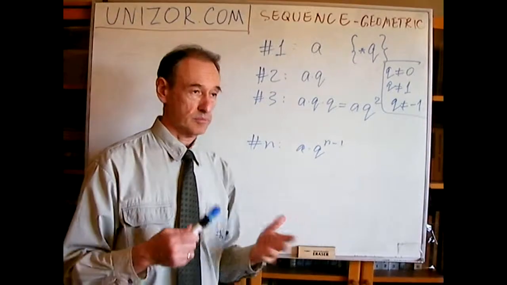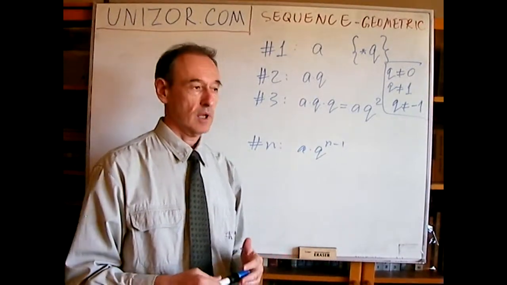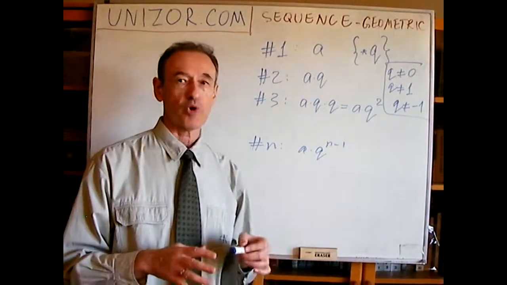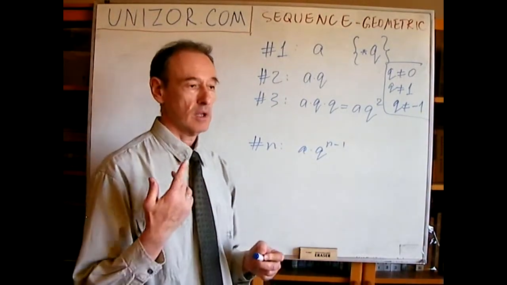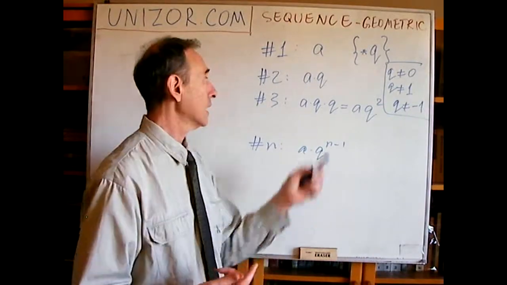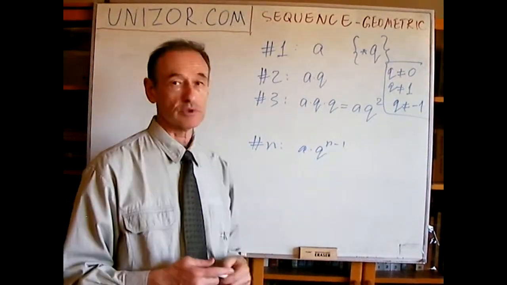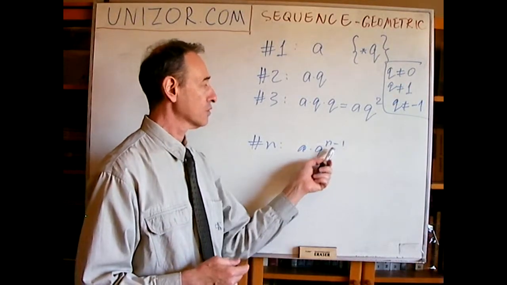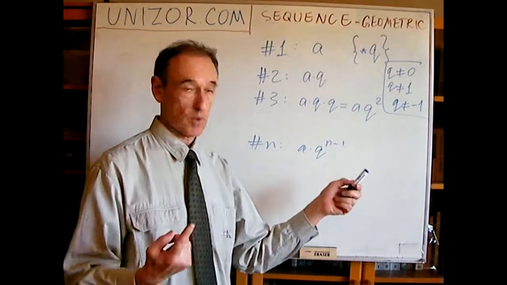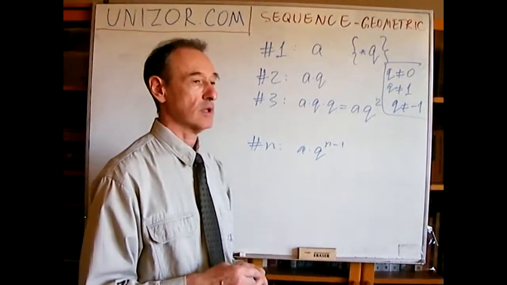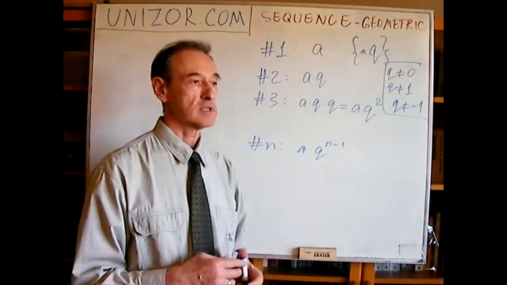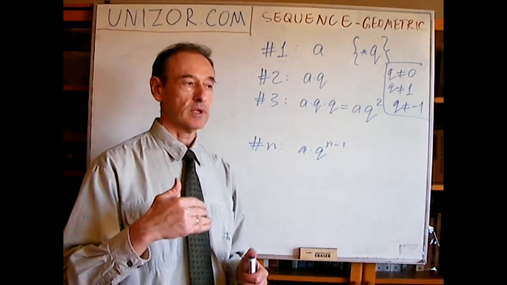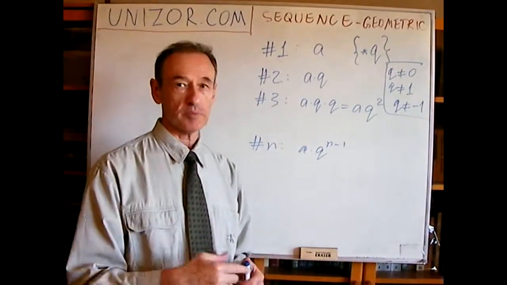Now, again, how can we prove it? Again, by induction, obviously. What are the characteristic properties of geometric progression? Element number 1 is a, so let's substitute n equal to 1 here. You will have n, which is equal to 1, minus 1 is 0, q to the power of 0 is 1, so you will have a, obviously. So that's fine. Second, each subsequent element is equal to the previous multiplied by q.